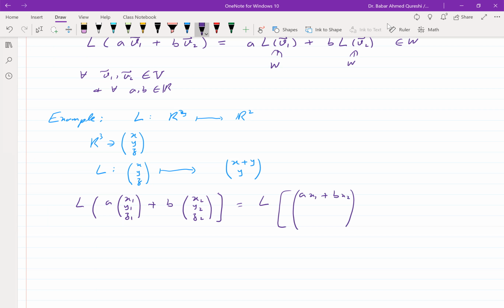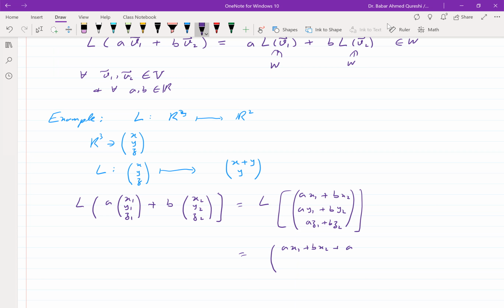Adding these in R3, I now use this rule. The rule says add the first component to the second, and that would be your first component according to this definition which I have cooked up.